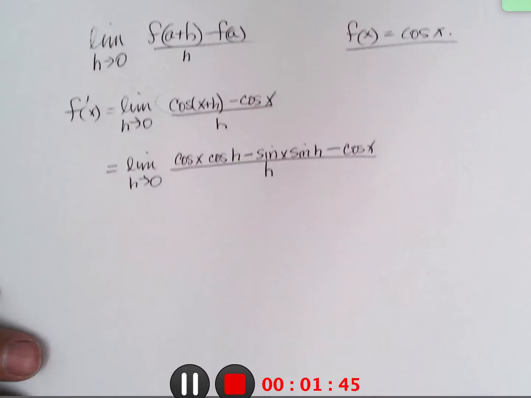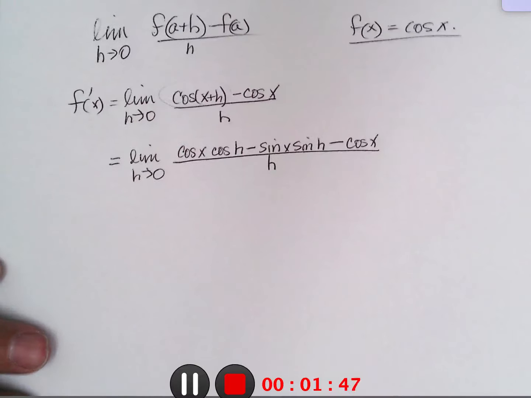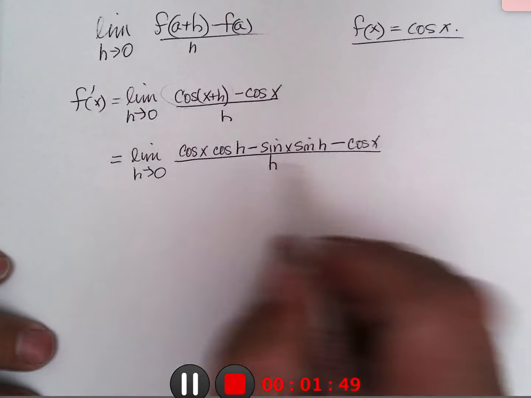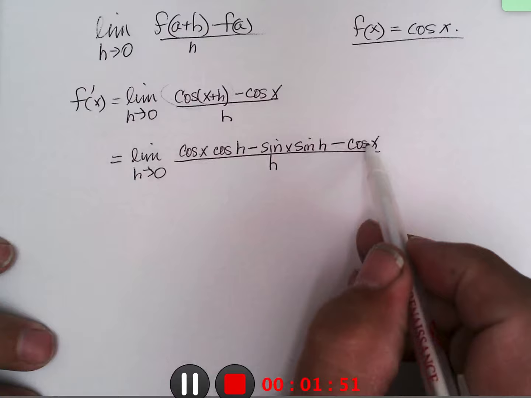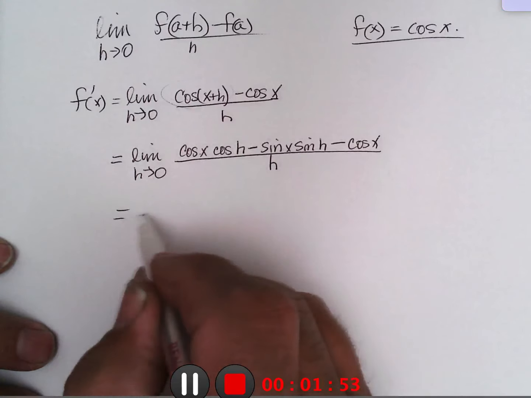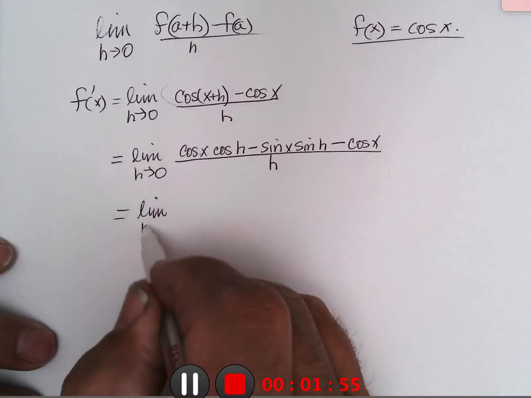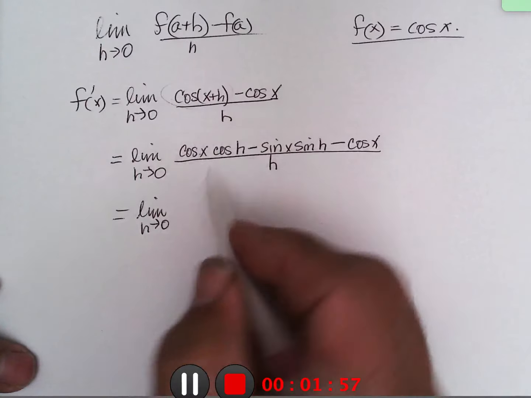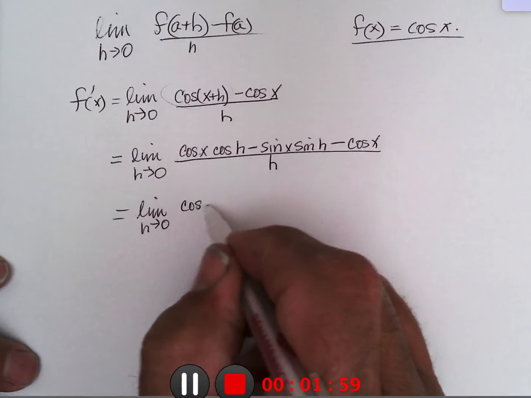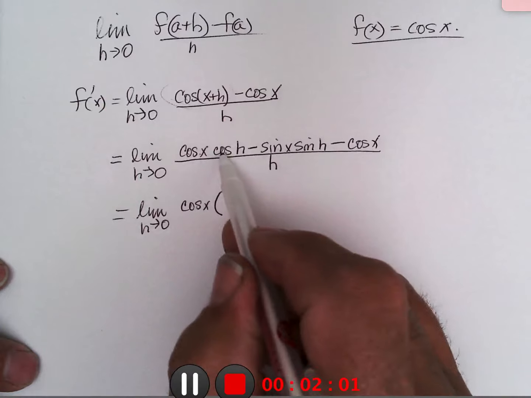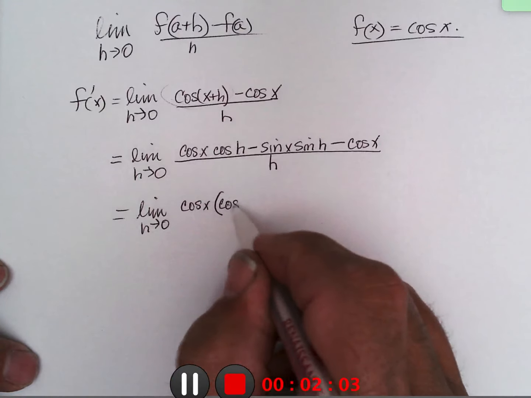Then we've got cosine x in two places, and so we're going to change this to cosine of x times cosine h minus 1.